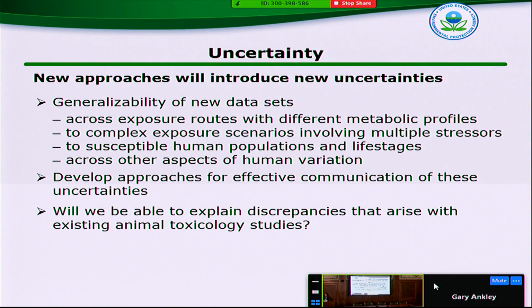So, uncertainty: we have to generalize our data sets across metabolic pathways, different exposure scenarios, life stages, sensitive populations, and other aspects, and communicate these. And when our pathway-based conclusions disagree with a bioassay, we have to have the confidence to explain that discrepancy.